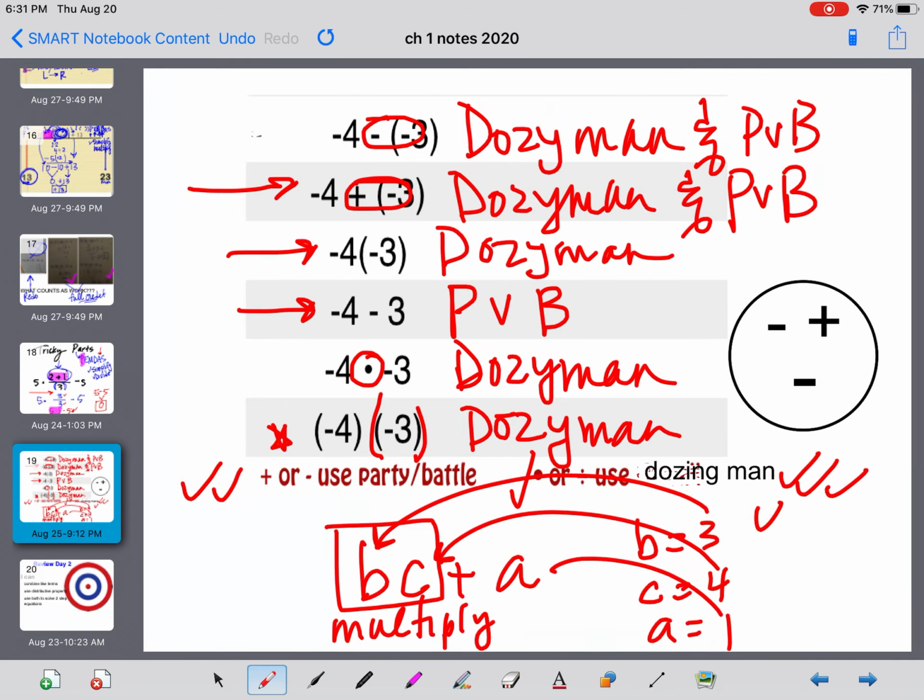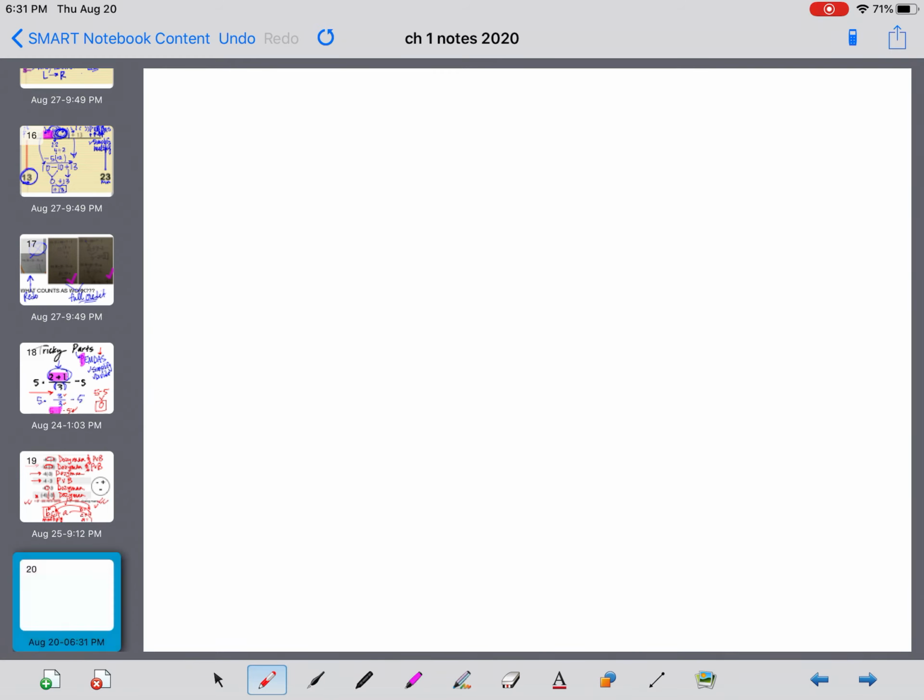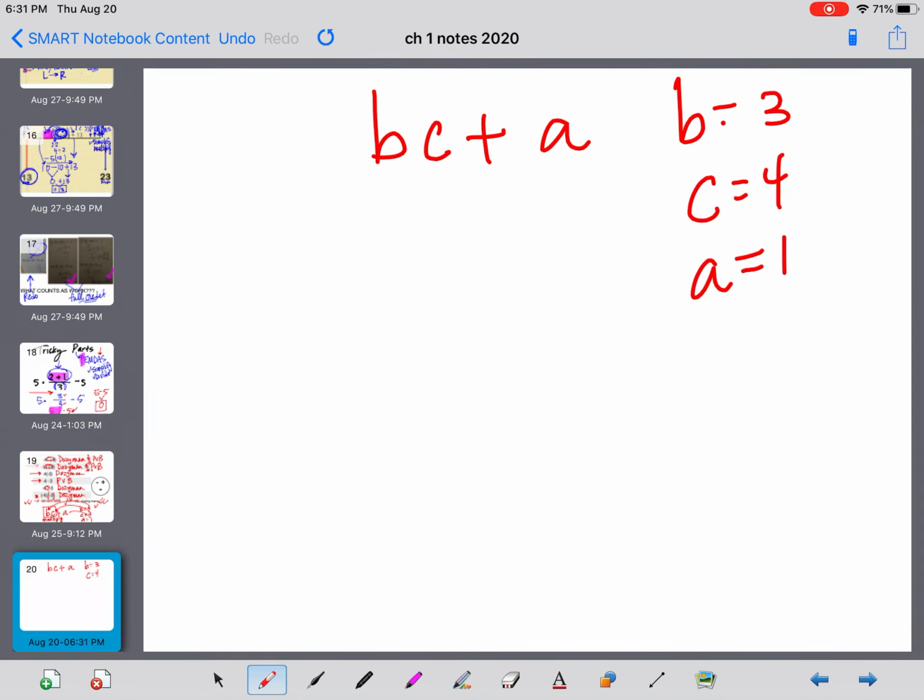So I'm going to rewrite this problem. What I like to do, let me get an extra page here. B, C plus A, where B, let's say, is 3, C was 4, I think, and A was 1. Okay.